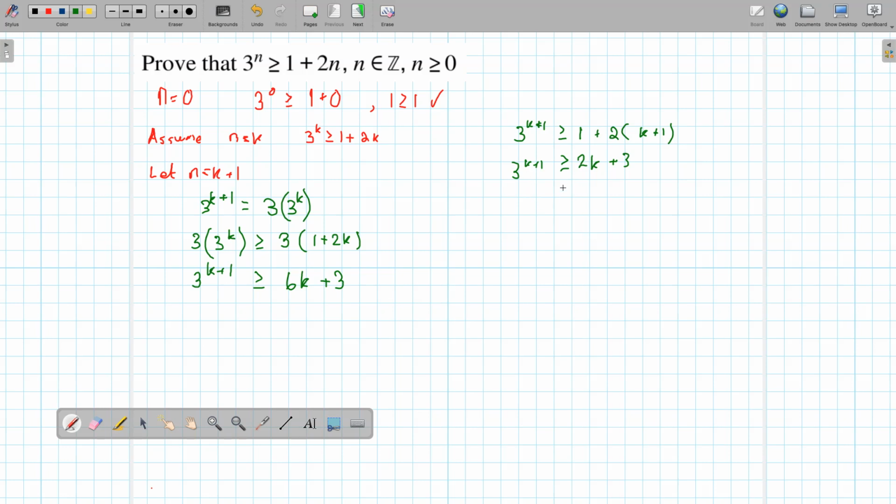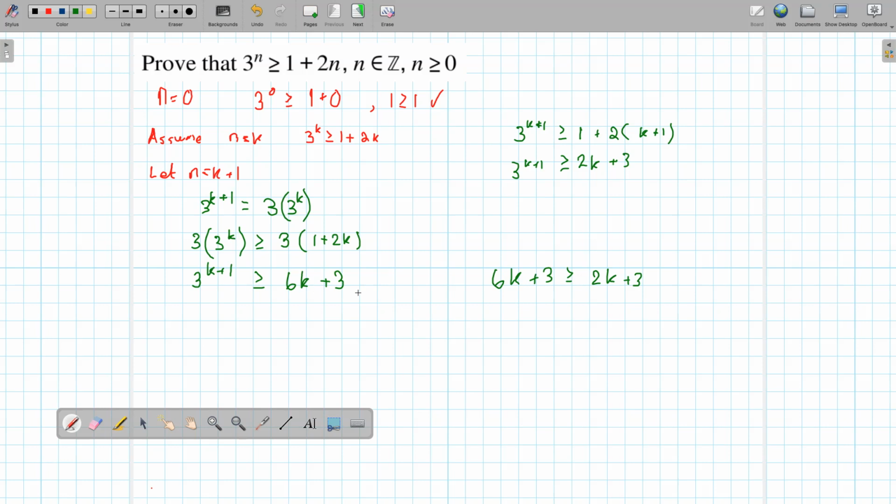Remember, what I'm trying to actually prove is that 3 to the power of k plus 1 here is greater than or equal to 2k plus 3. Now I know that 6k plus 3 is bigger than 2k plus 3, which is up here. So why don't I replace this bigger value with a smaller value?